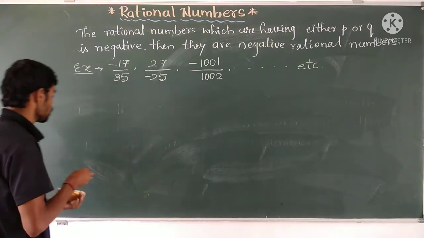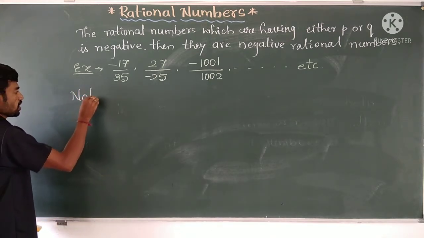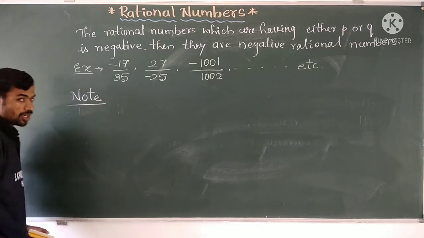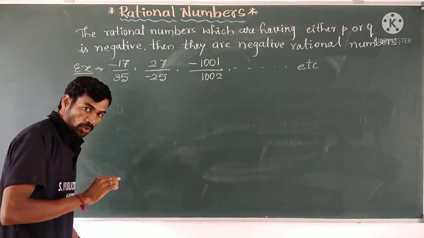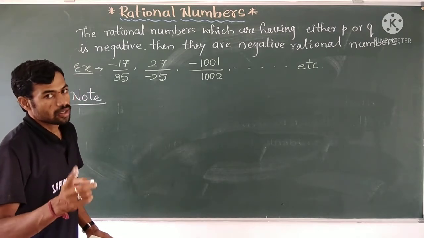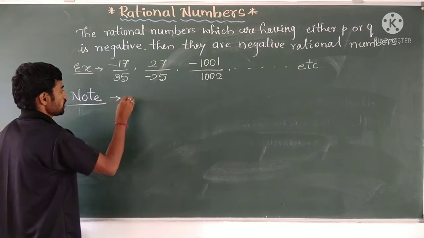This is a most important note you have to remember. 0 is neither a positive rational number nor a negative rational number.